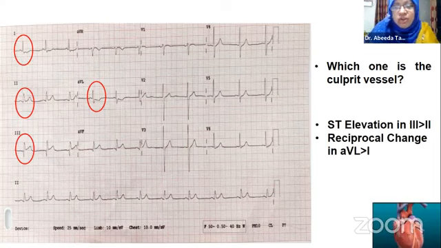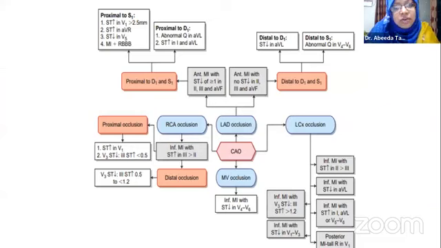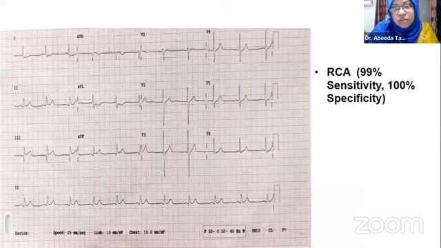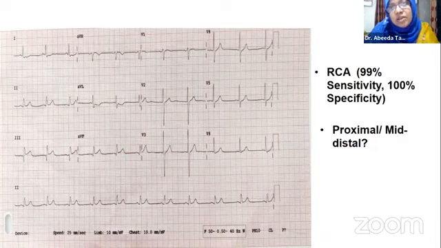These two findings are the algorithm by which we can localize the infarct-related artery. If there is a distal occlusion, then lead 3 is more than lead 2. In proximal occlusion, there should be a presence of right ventricular infarction. It has a sensitivity of 99% and 100% specificity that the culprit artery here is the right coronary artery.